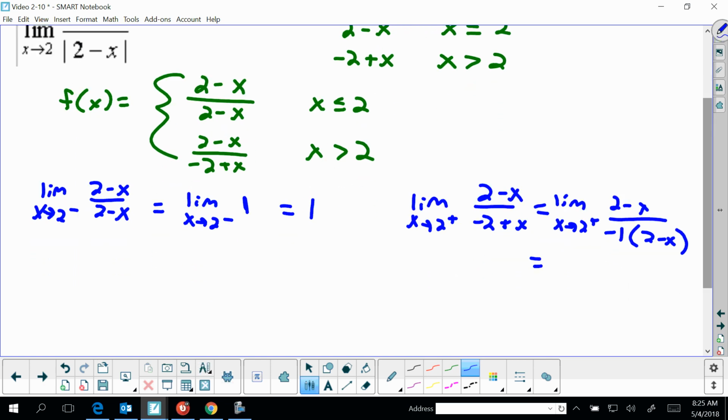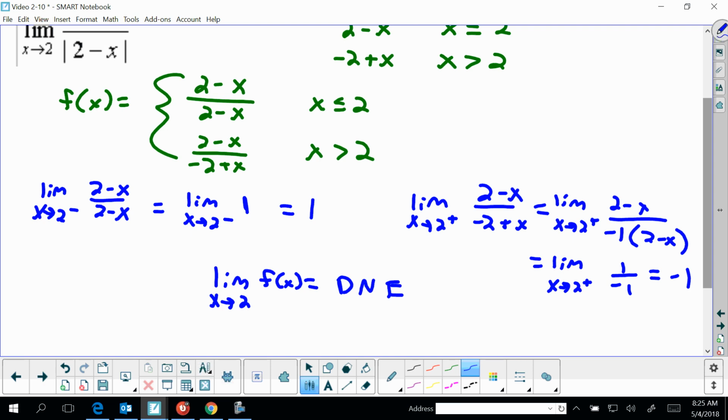So this is just going to be the limit as x approaches 2 from the right of 1 over negative 1. So that's just a constant, for our limit of negative 1. So what this is saying is, on the left of 2, we'll be approaching 1, but the right of 2 will be approaching negative 1. So our overall limit of f of x does not exist, because the left side and the right side are not the same.